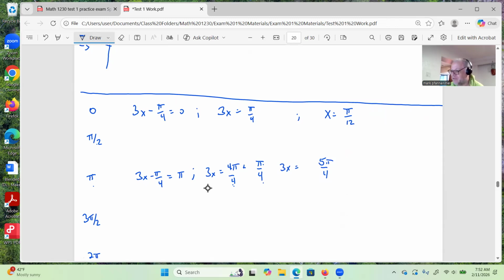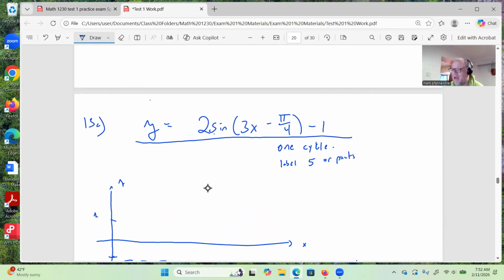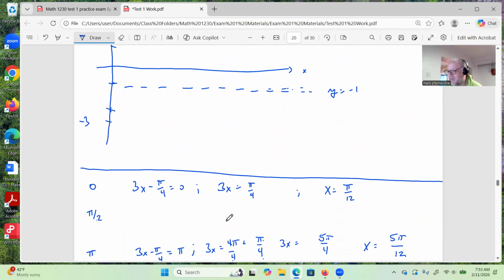Divide both sides by 3, and we have x is equal to 5 pi over 12. If I plug x equals 5 pi over 12 back into this x here, this whole argument will turn into a pi, and I know what the sine of pi is. It's 0. That's what we're trying to do with that.